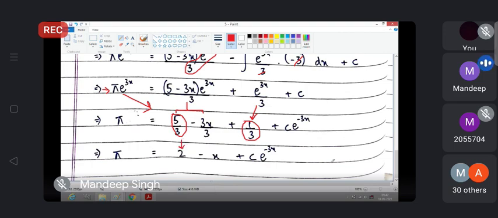Pi is equal to 2 minus x plus c into e raised to the power minus 3x. This is the required relationship, ठीक है, प्रॉफिट और x का, कॉस्ट ऑफ एडवर्टाइजिंग का. Pi is equal to 2 minus x plus c into e raised to the power minus 3x.